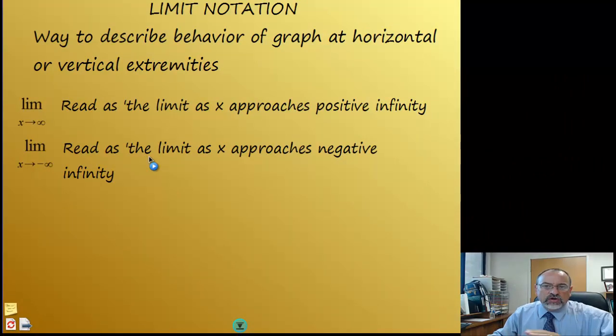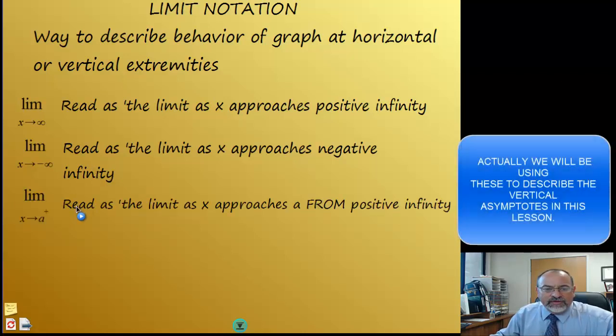We can also look at the limit as we approach the negative end of the graph. So the limit as x approaches negative infinity. As the x values go towards negative infinity, so those x values are going to negative 100, negative 1,000, negative 1 million, what is the graph doing as it goes out that way? So this is a way to describe what the x values are doing. The answer or the limit that you give will be what's happening to the y values.